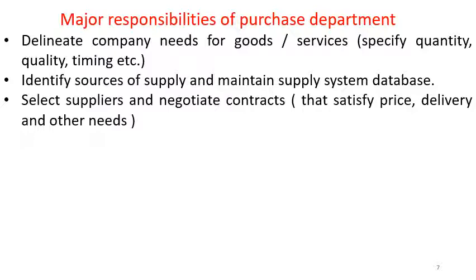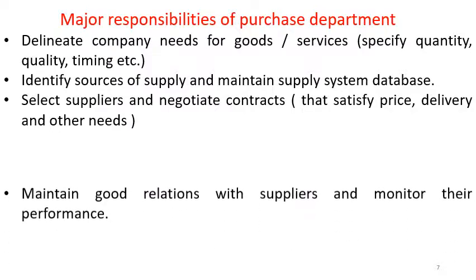So you can have a vendor analysis where you analyze suppliers based on factors, do a factor rating exercise and then find out which supplier will be most economical for you, and will satisfy the majority of the parameters that you're looking for. So that will satisfy the price, delivery and other needs of the entire transaction. So this is another responsibility of the purchase department.